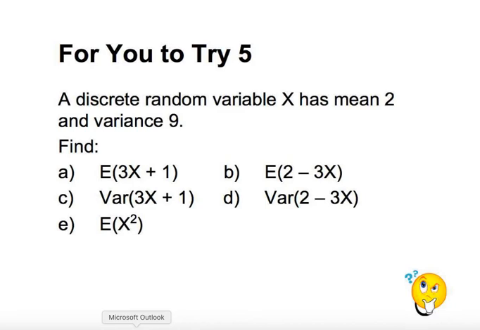I want you to calculate expectation of 3x plus 1, expectation of 2 minus 3x, variance of 3x plus 1, and variance of 2 minus 3x, and again calculate the expectation of x squared. So I want you to have a go at this now, and then while you're doing that, pause the video, resume in a moment once you've finished the questions, and check your answers against my solution.